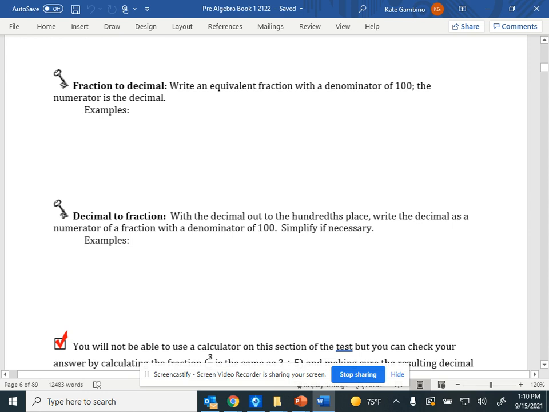So now we get a fraction and we want to convert that. So if we have 4/5, we want to make it to a decimal. So we are going to want to write the equivalent fraction with the denominator of 100. The numerator is the decimal.